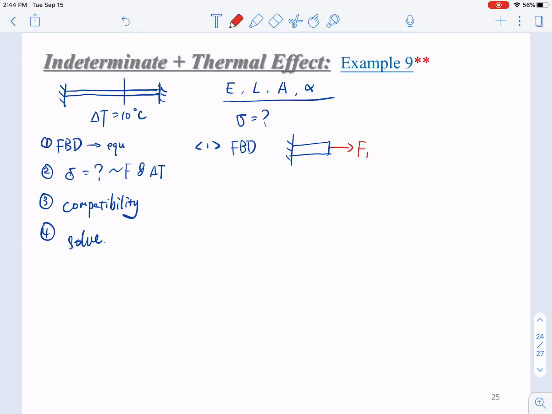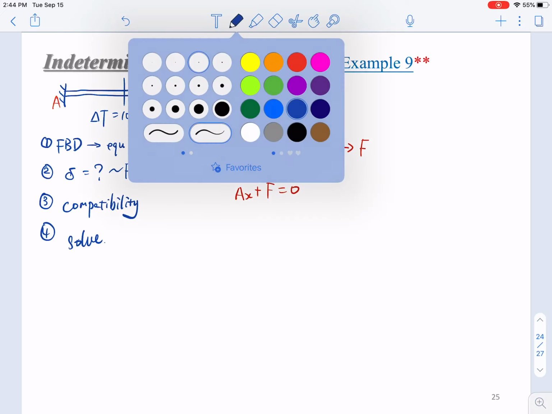It's just F. And here you should have, this is point A, point B. This is AX, AY, and M_A. Based on this, our equilibrium equation is just AX plus F equals 0. One equation, 2 unknowns. It's kind of meaningless, right? Cannot solve it. Then let's go forward.